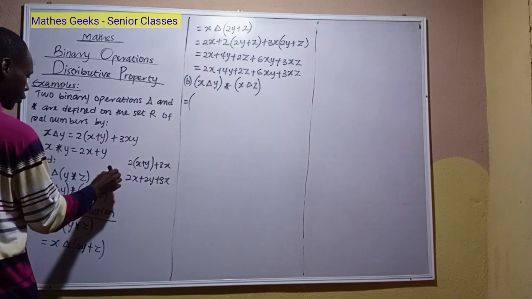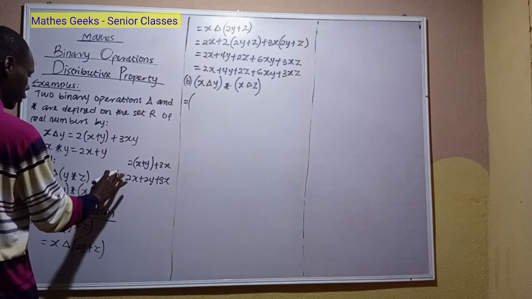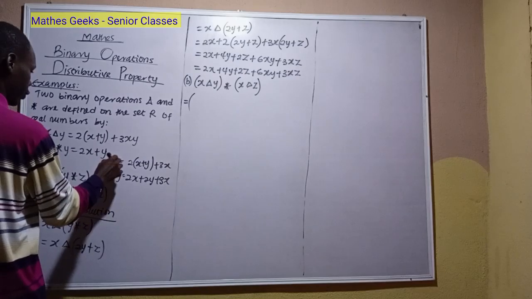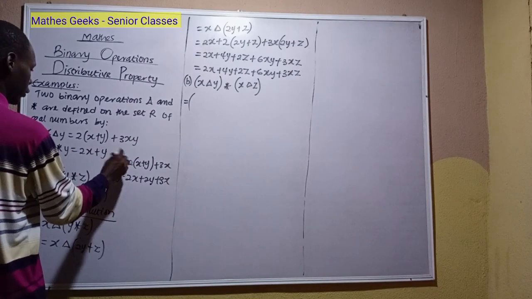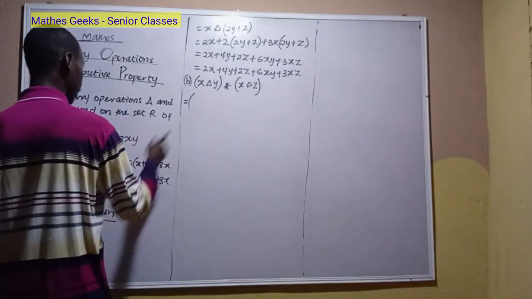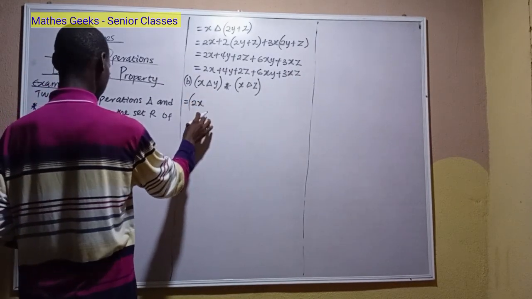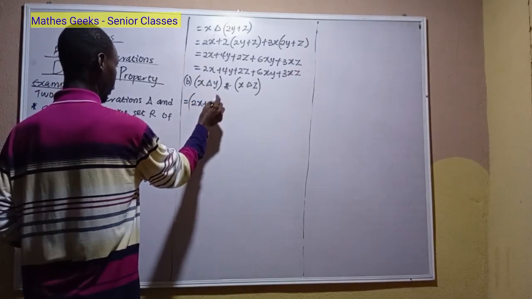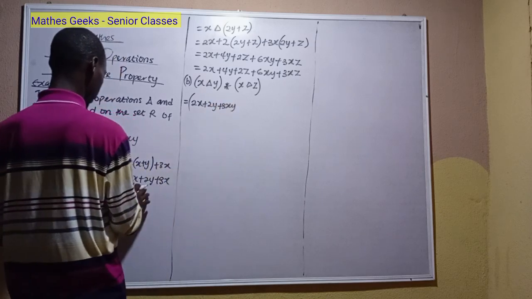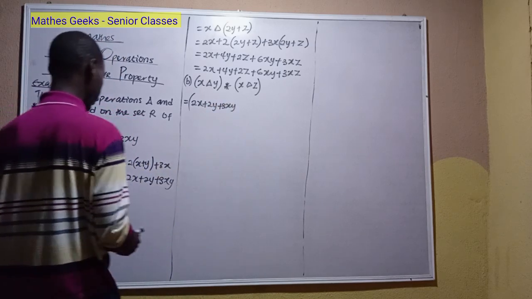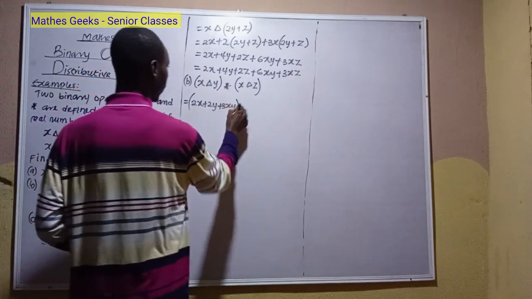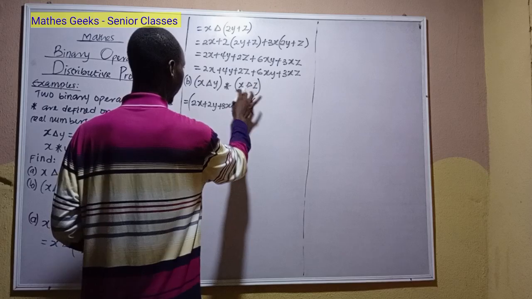Now x operation y, same thing. So now x operation y is 2x plus 2y plus 3xy, and then the second one is x star z.